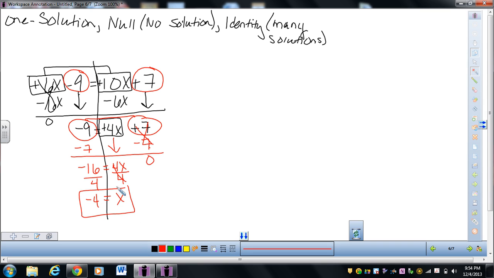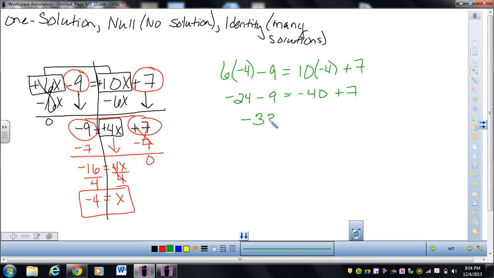So I actually have a solution that I can check. Let's go ahead and check that. So 6 times x, which is -4, minus 9 equals 10x, which is -4, plus 7. 6 times -4 is -24, minus 9 equals 10 times -4 is going to be -40, plus 7. -24 and -9 together equal -33.